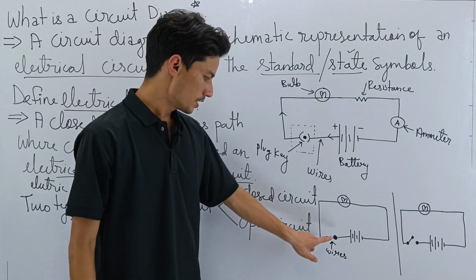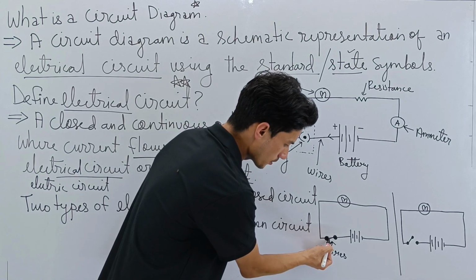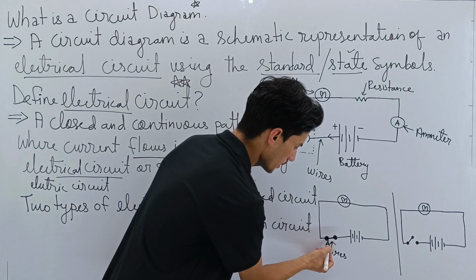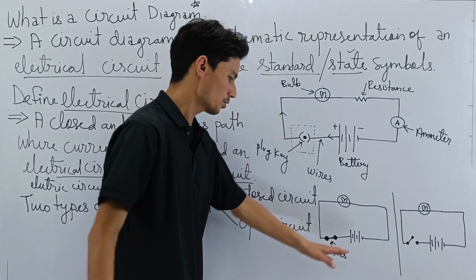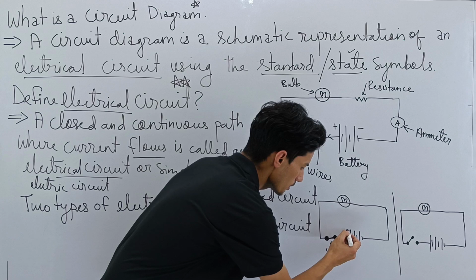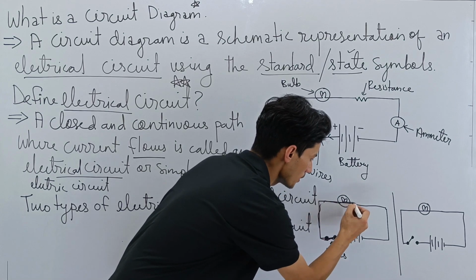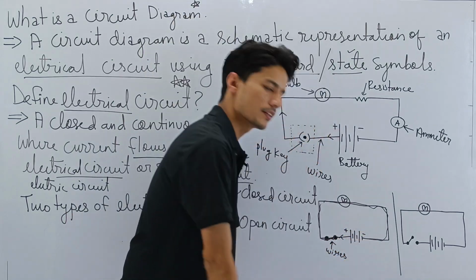Between these two dots, this wire links them, so current will get to flow continuously. Charge comes out from here and the charge will flow all the way to the negative terminal.